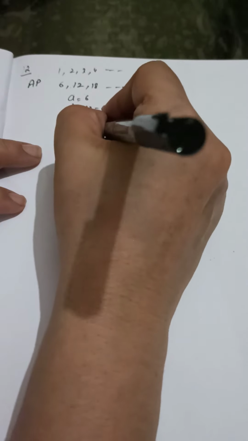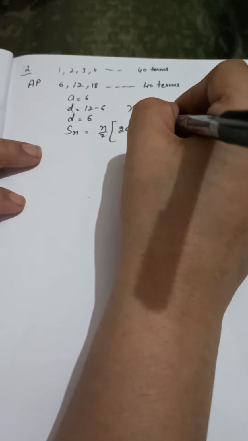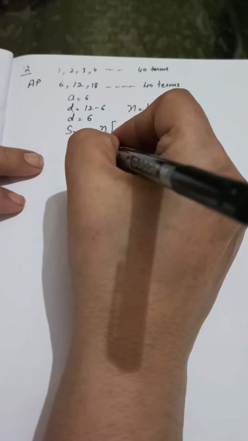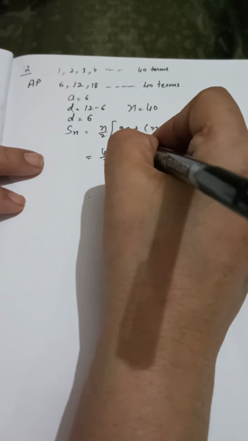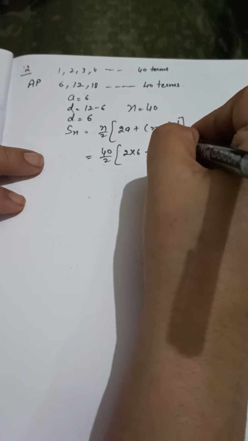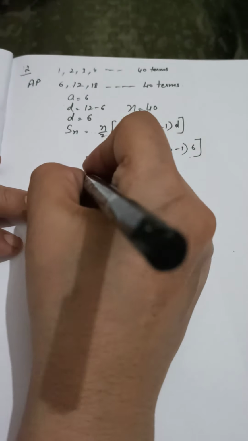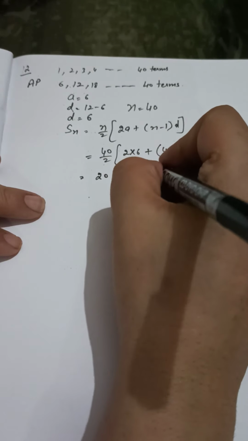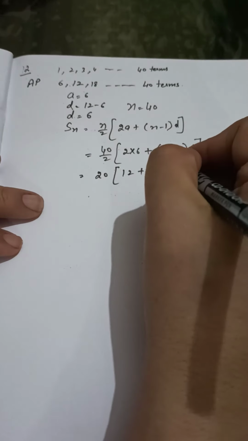So Sn is equal to n upon 2, 2a plus n minus 1 into d. That is 40 upon 2, 2 into 6 plus 40 minus 1 into d. d is also 6. That is 20 times 12 plus 39 into 6. What we get here?